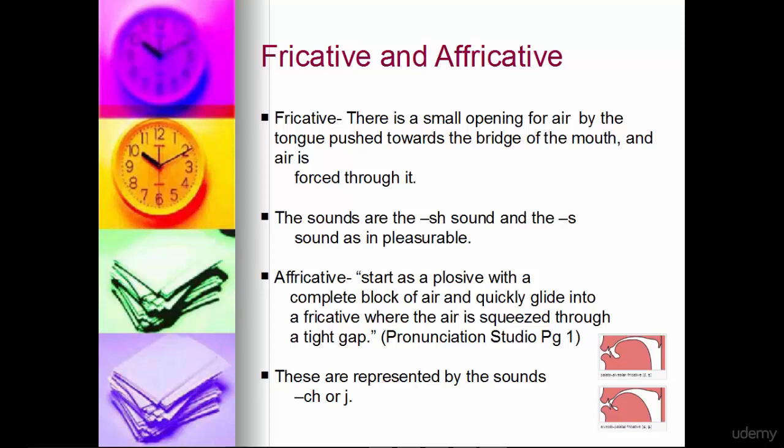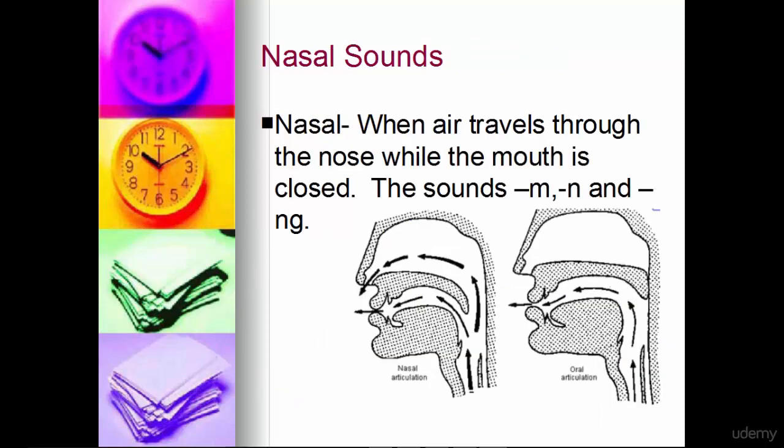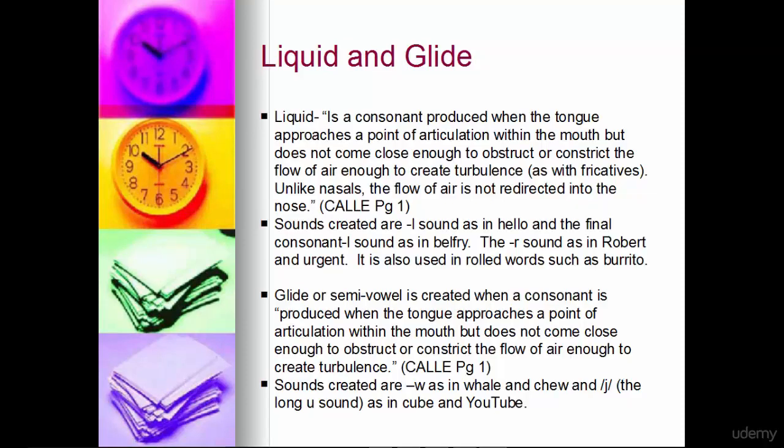Nasal sounds are when the air goes through your nose or nasal cavities, like m and n, and depending on where your lips and tongue positions are is how you will make the sound. A liquid is a consonant produced when the tongue approaches a point of articulation within the mouth, but does not obstruct and constrict the flow of air.